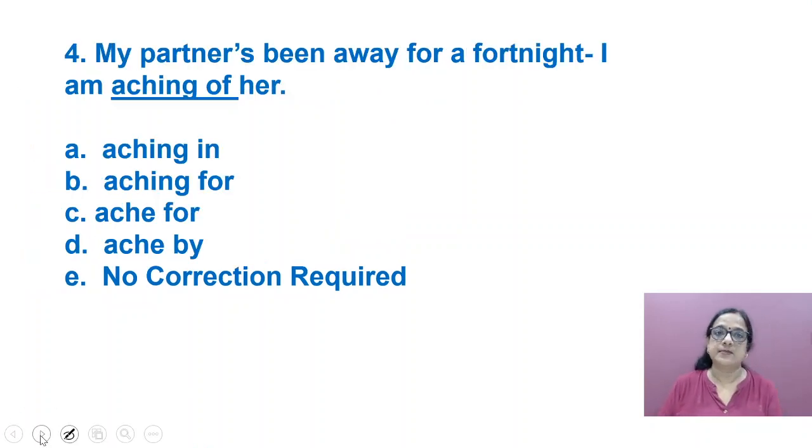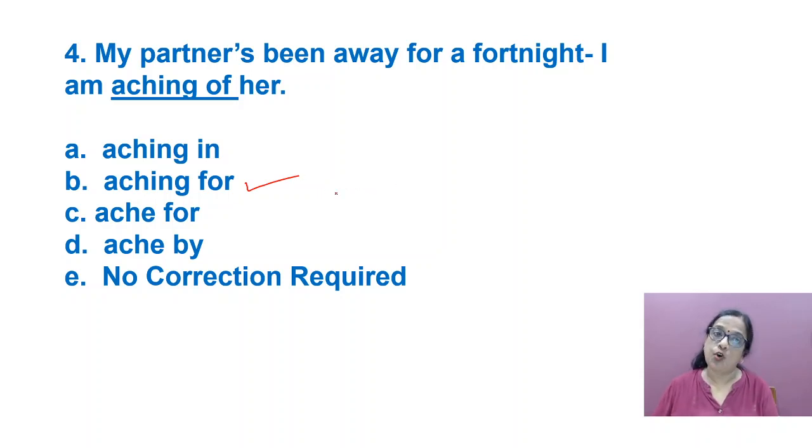My partner's been away for a fortnight. I am aching of her. Which is the correct option? Aching in, aching for, ache by, no correction required. So here the correct option will be aching for.